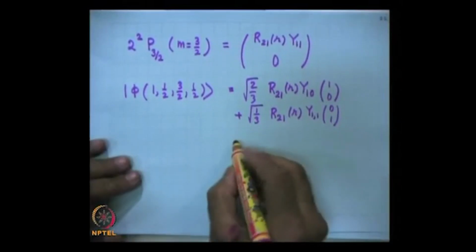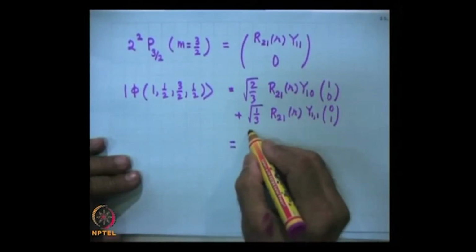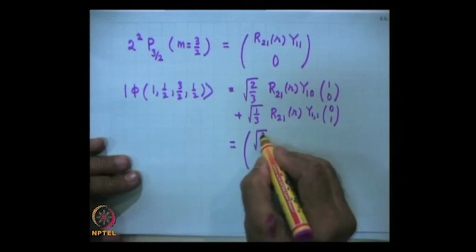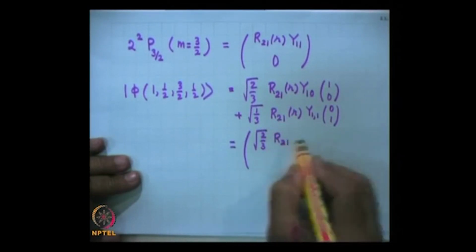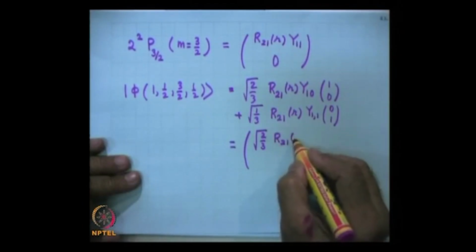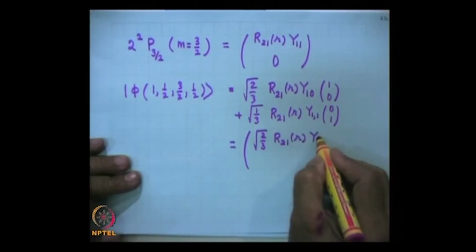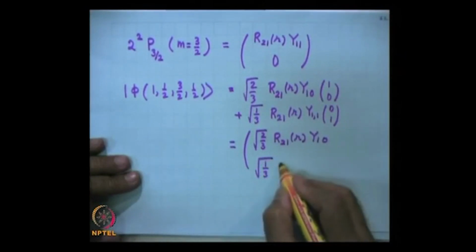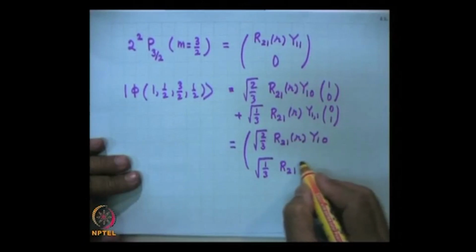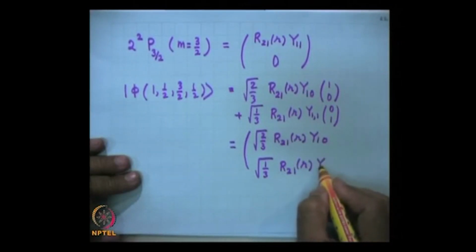So, therefore, the Pauli wave function will become under root of 2 by 3, actually R 2 1 of r can be taken outside, R 2 1 of r Y 1 0 and under root of 1 by 3 R 2 1 of r Y 1 1.